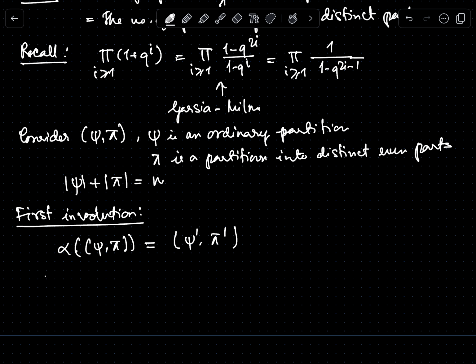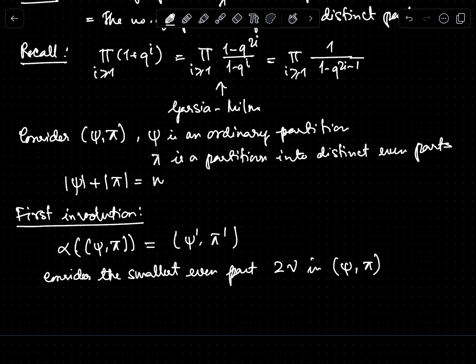So what we do is we consider the smallest even part, let's say 2 nu, in this tuple that we started out with. Okay, so there will be some smallest even part because pi is a partition into distinct even parts. Okay, so it can be empty, but yeah.